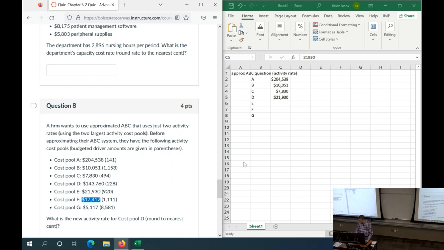In case you're not sure what I mean, I skipped D. For example, if cost pool D here uses direct labor hours as its driver, we're anticipating 228 direct labor hours. That's what this means.